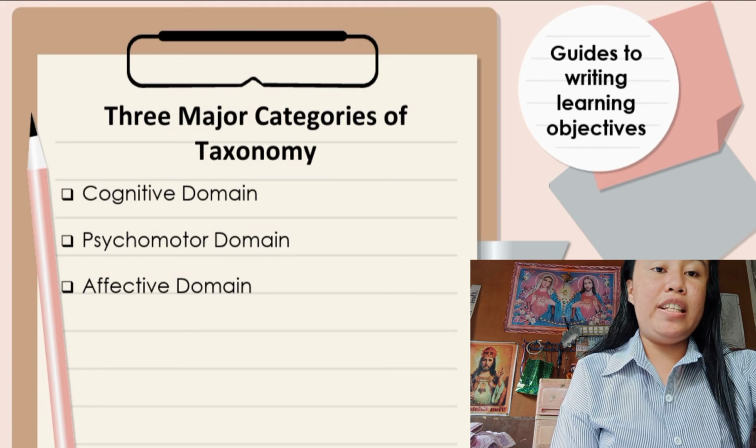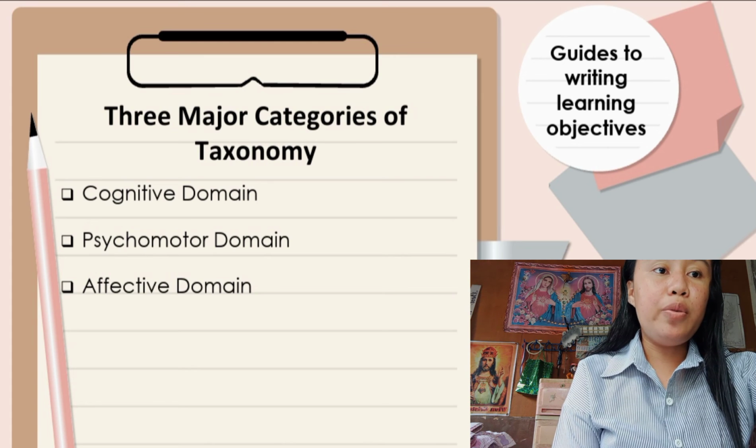So, the objective is the taxonomy of education. The taxonomy provides a consistent means of developing the single most powerful tool for instruction and assessment of student learning. The taxonomy distinguishes three major domains, which are the cognitive domain, the psychomotor domain, and lastly the affective domain.